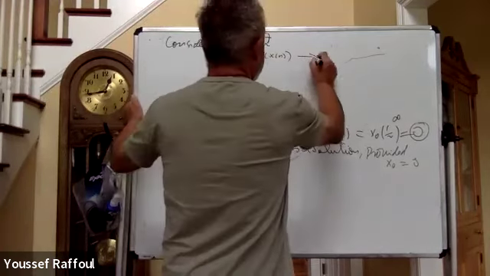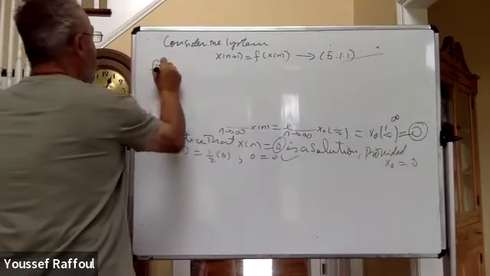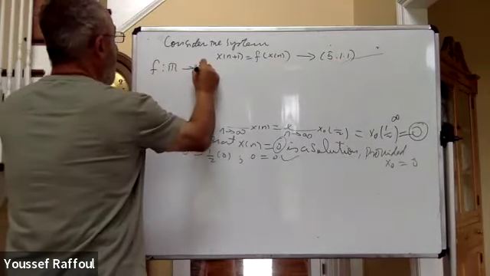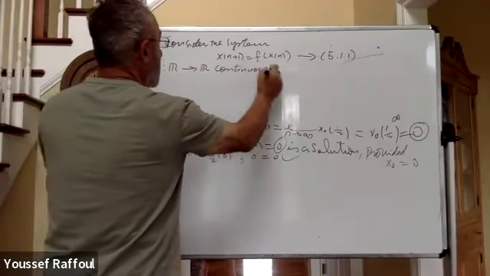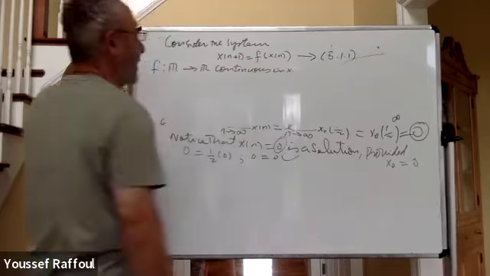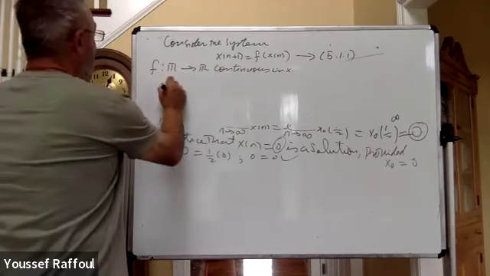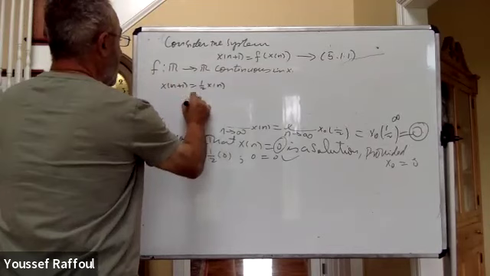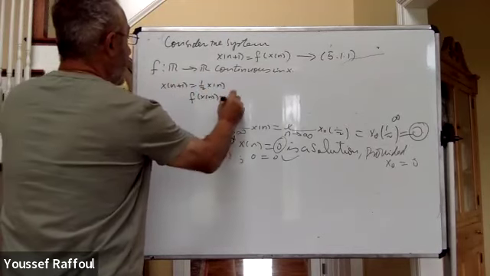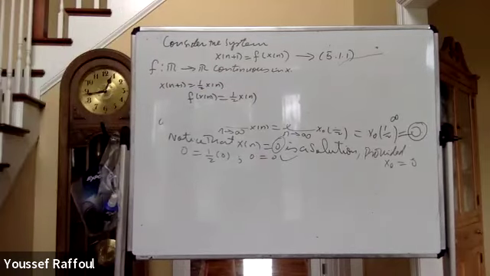And this is 5.1.1. And f is from R into R, that is continuous in x. For example, in x(n+1) equal 1/2 x(n), here f of x(n) is 1/2 x(n). You see that?